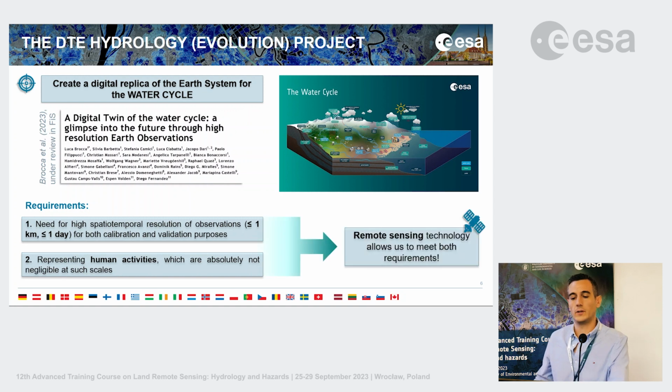So how can we meet these requirements? Well, still the answer is remote sensing, because remote sensing technology currently allows us to have this high resolution data and then to track human activities as well as processes, let's say, occurring on the Earth's surface.